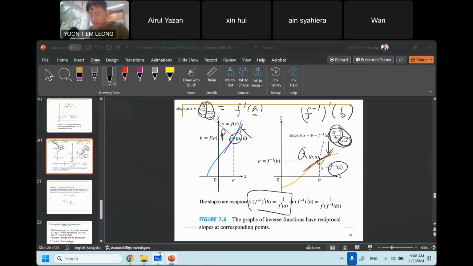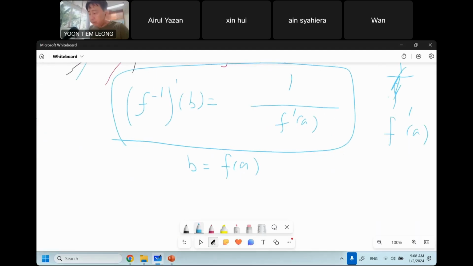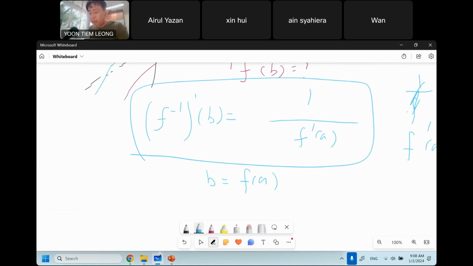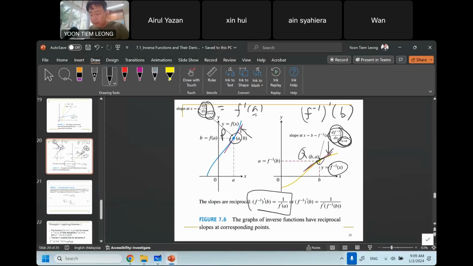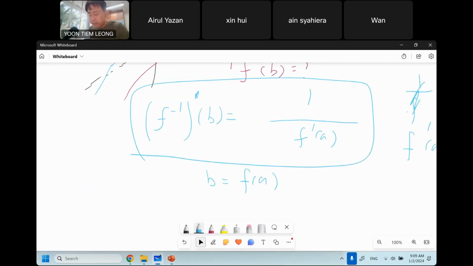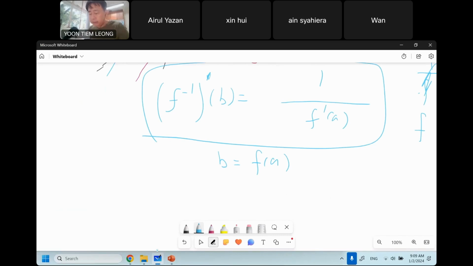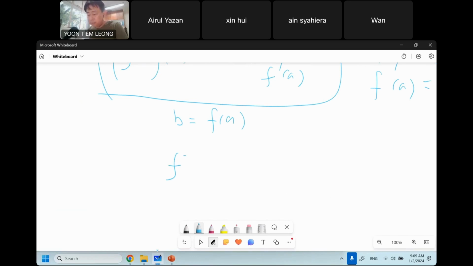So this relationship, that is f inverse prime b equals 1 over f prime a, can also be written in this form. Now, how do you see that? Let me rewrite this statement again to make it clearer. What I'm saying here is that the derivative of the inverse of the function at the point b is equal to 1 over the derivative of the function at the point a.